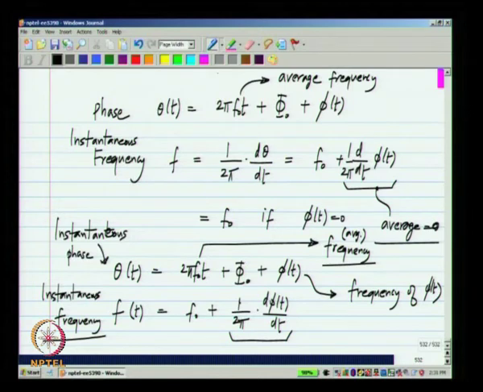But it is possible to do all the analysis with the instantaneous frequency, and then this time varying part of the frequency can have its own frequency. Again, there is nothing to be confused about, they are just different signals that we are talking about.